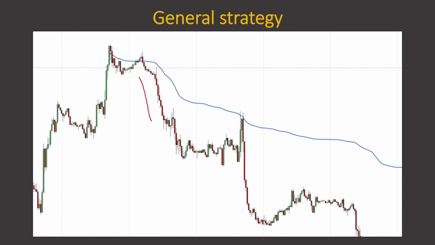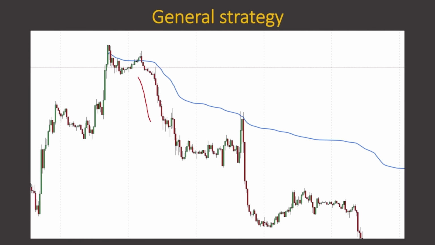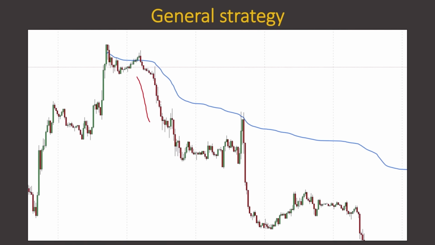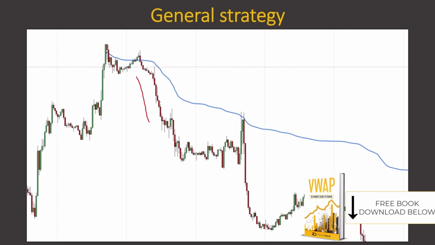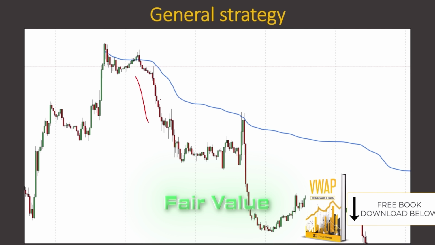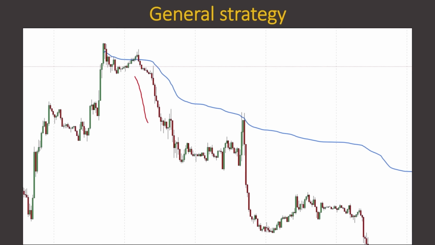It's not wise to enter randomly or at the current daily low, but the logical entry point is where the average market participant sold. You want to sell for a fair value, not at daily low, but at fair value, which is represented by VWAP. In this chart, that's the blue line.